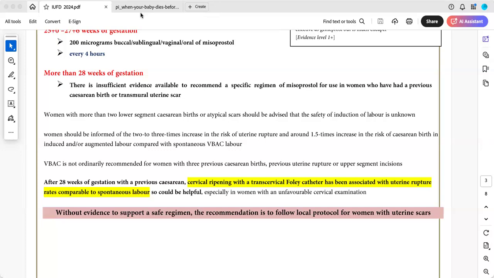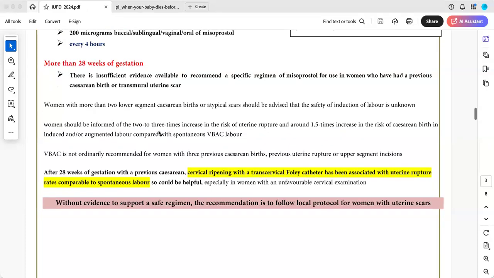Is it the same risk of induction of labor? No. Risk of the uterine rupture, around 1.5 times increase, right?